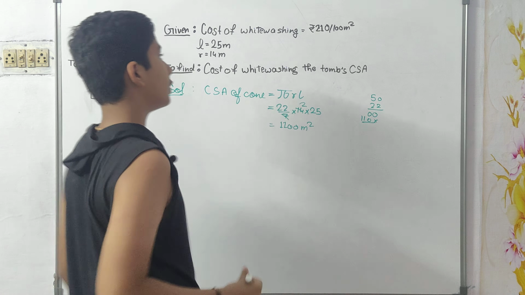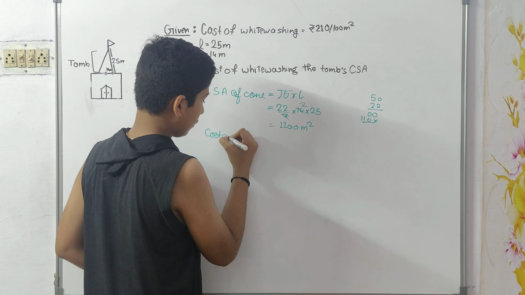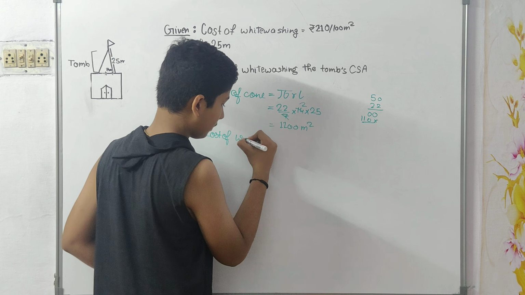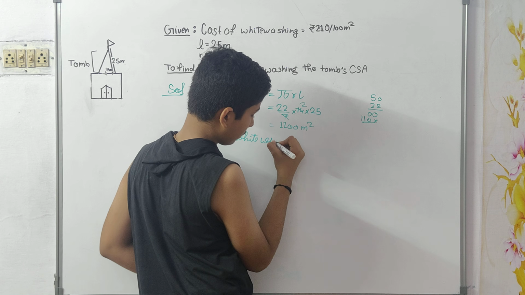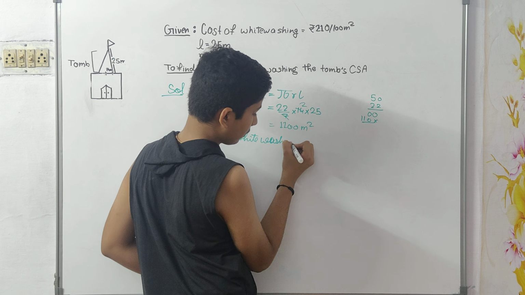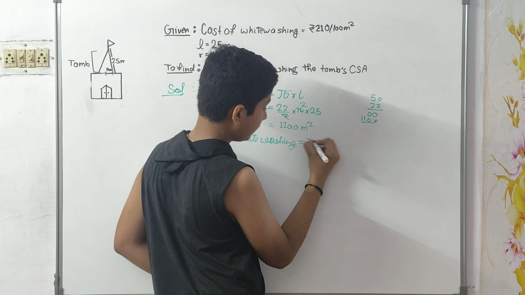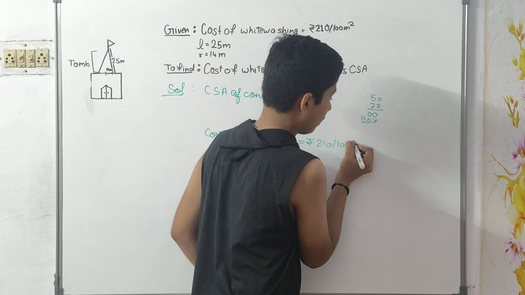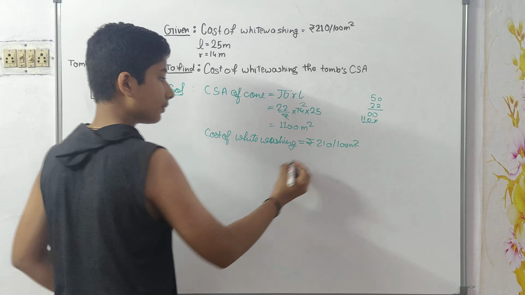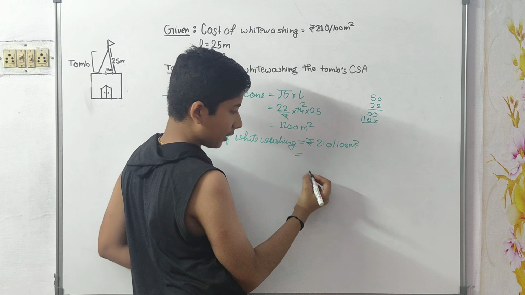So cost of whitewashing equals rupees 210 per 100 meter square. Per 100 meter square, there are a total of 1100.